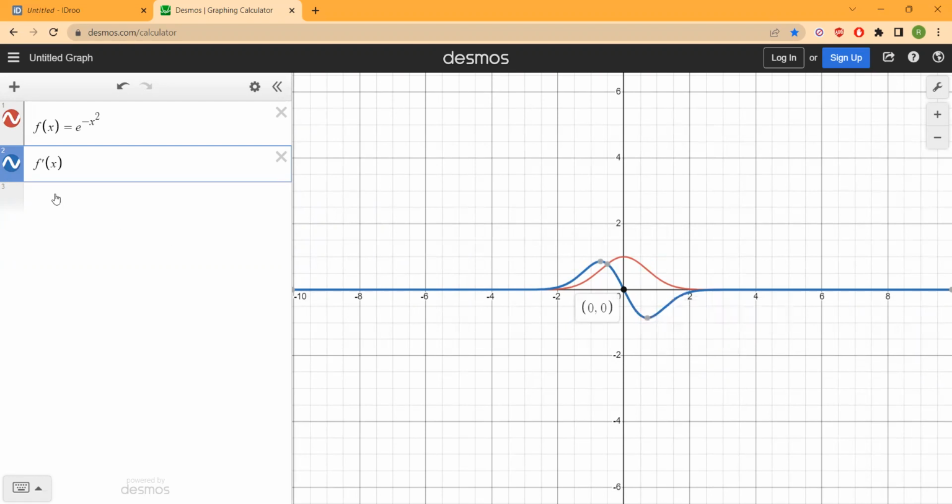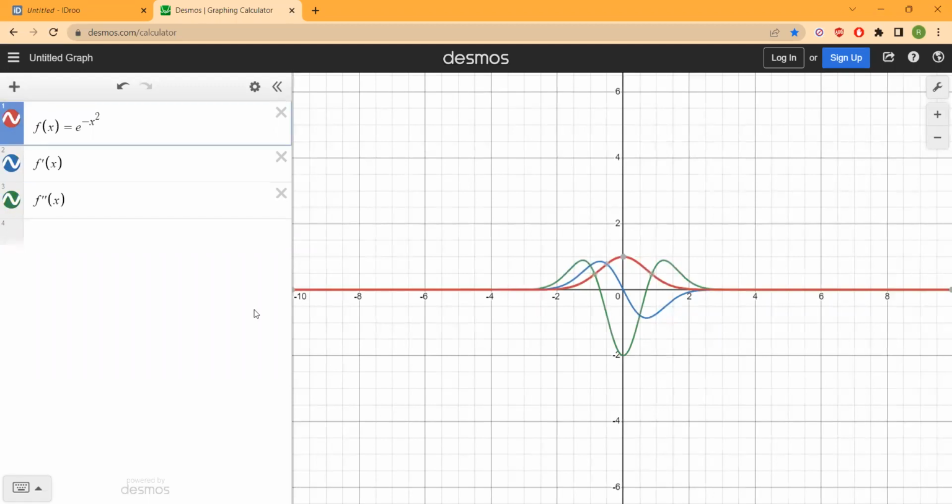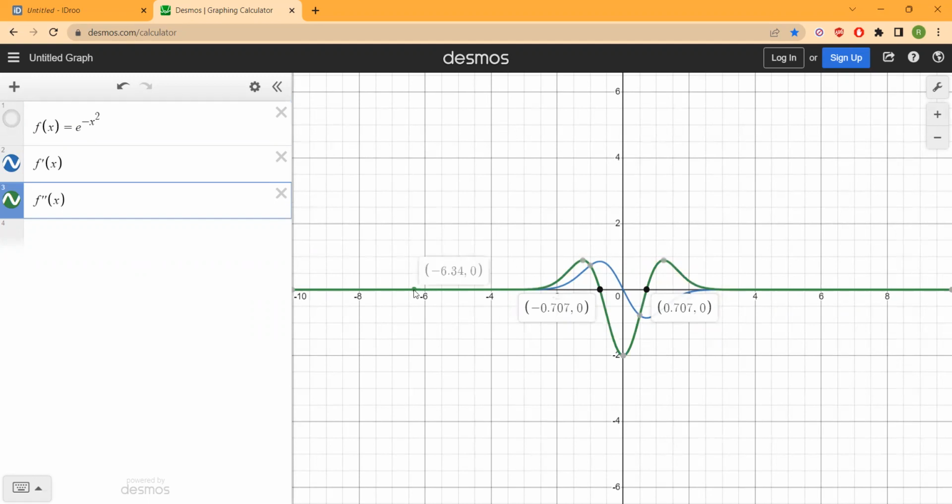So if we take f double prime of x, what we see is how our first derivative looks. These are our critical points where the first derivative starts increasing or decreasing, right? Here it's growing, growing, growing. It's positive.